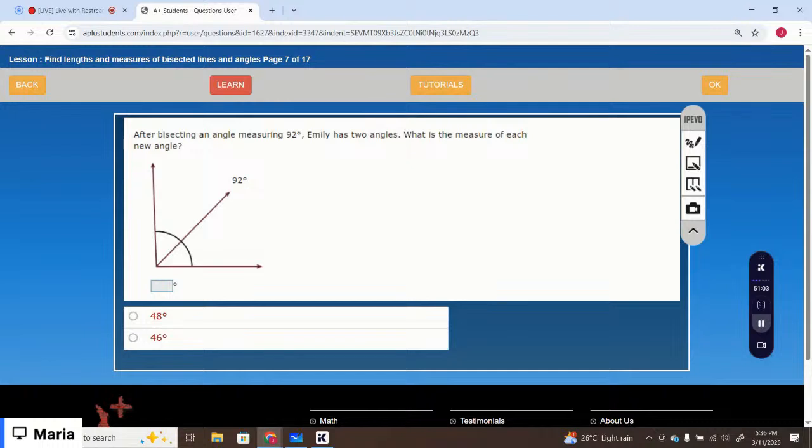After bisecting, an angle measures 72 degrees. It has two angles.